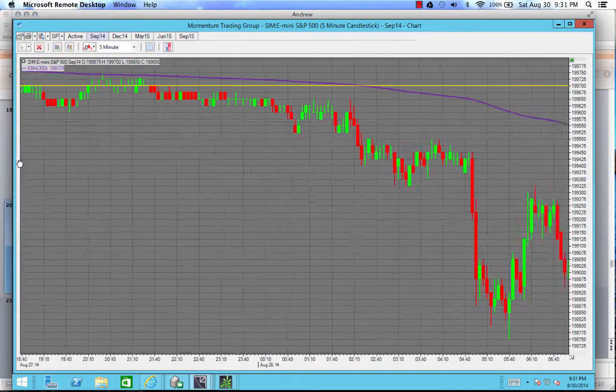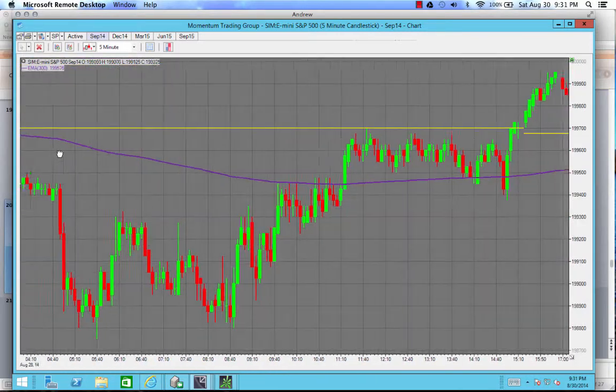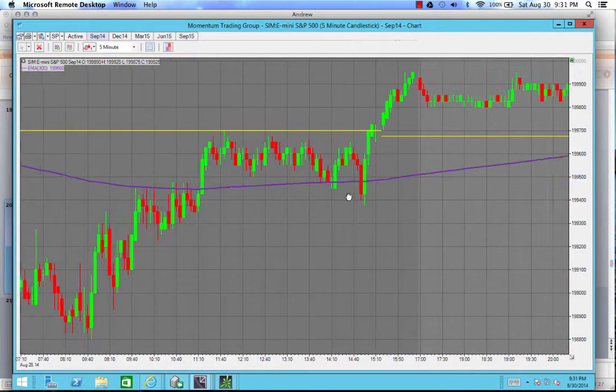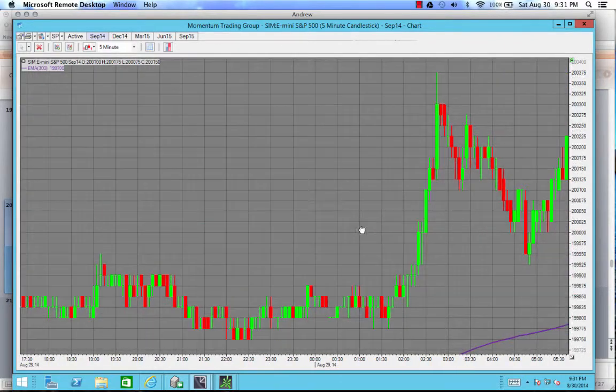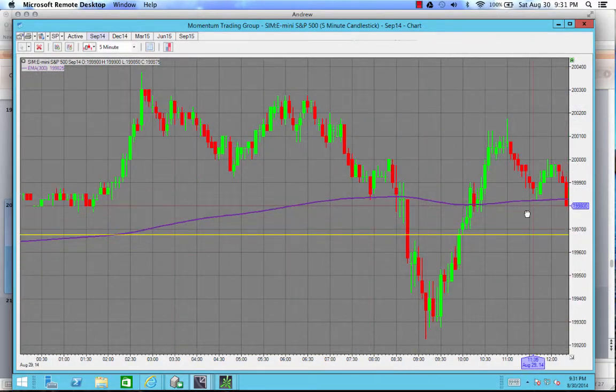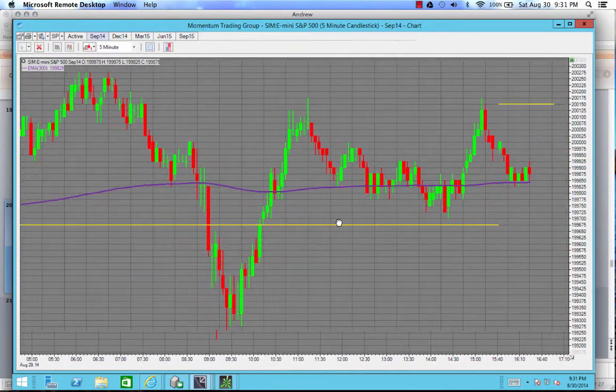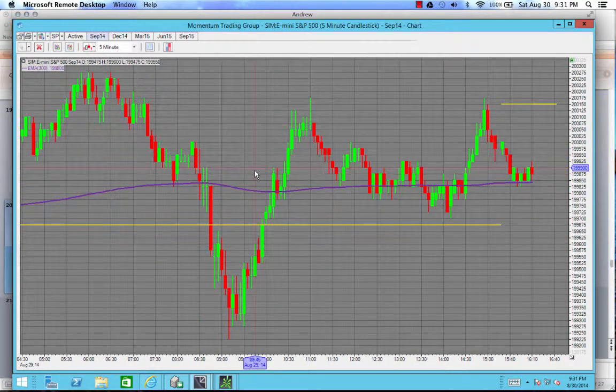A lot of times we look at the slope of it as well. You can see here, right through here, it is sloping up ever so slightly. And then the last week or the last couple days, last day, it's been drifting sideways. So that just gives you an idea of what the overall trend would look like: sideways.